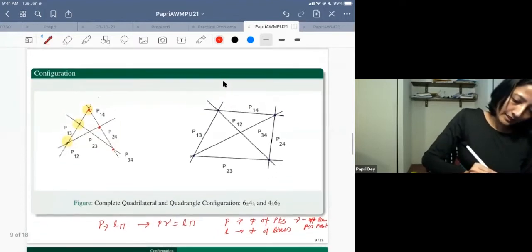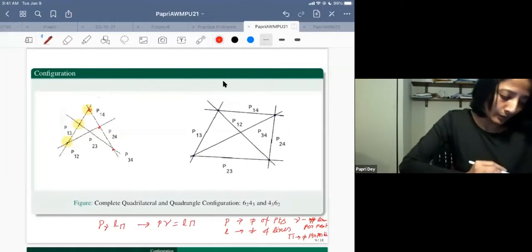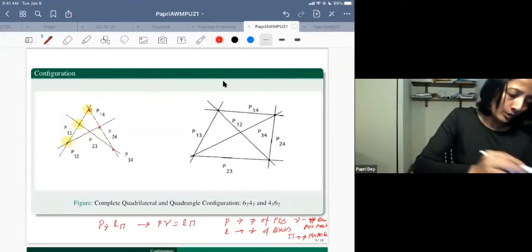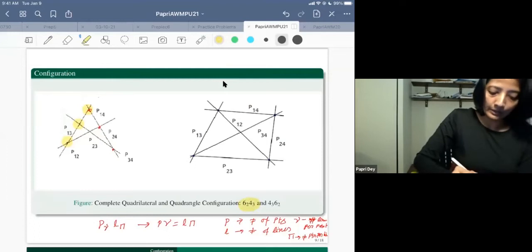and pi is the number of points per line. So if you look at the picture now, 6, 2, 4, 3, it means you have 6 points, 4 lines.